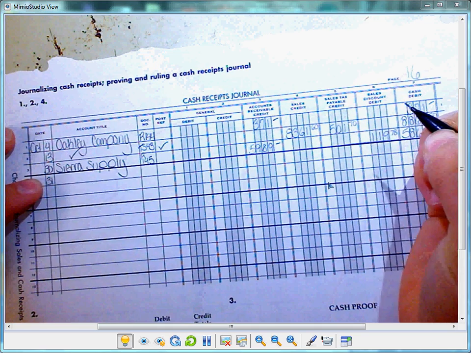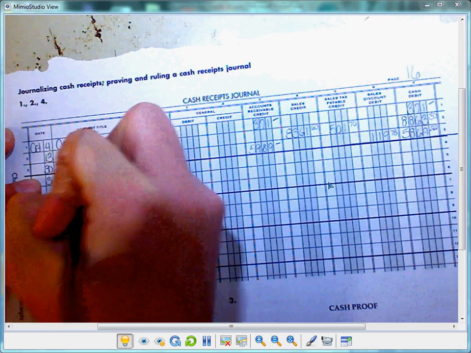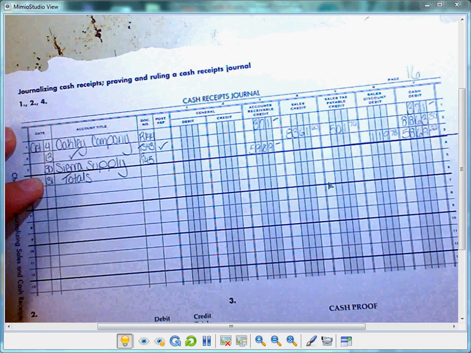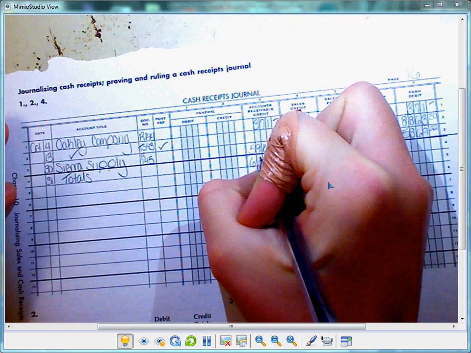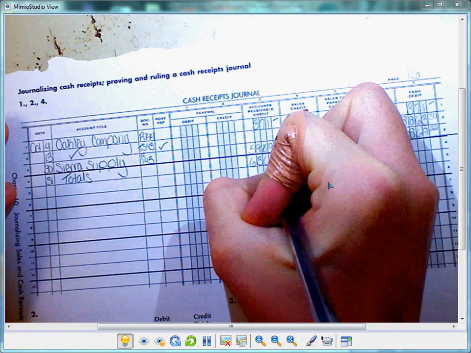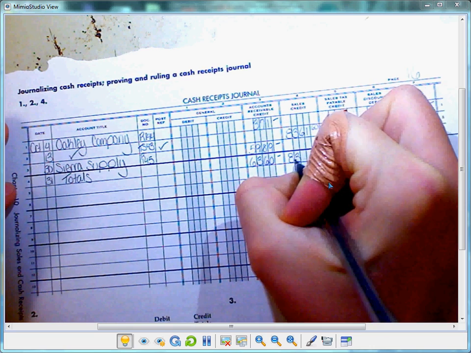Totals we will put in the account title. And then our accounts receivable credit total is $6,360, no cents. Sales credit is easy, just bring it down.